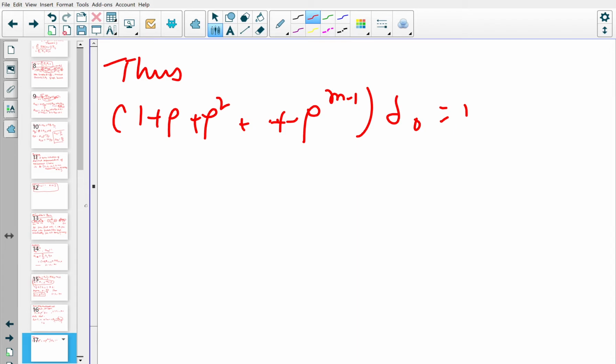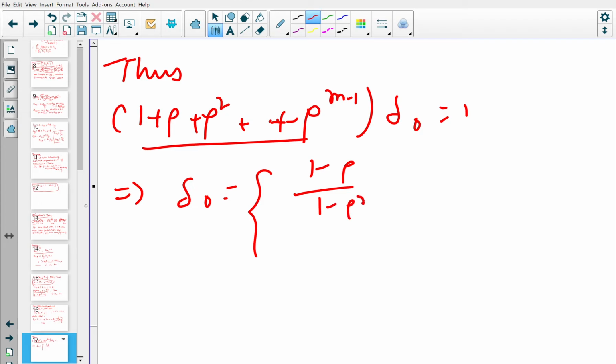This implies that delta_0 has two possibilities. This is a geometric series, so either (1 minus rho) by (1 minus rho to the power M) if rho is not equal to 1, or if rho equals 1, then it is 1 plus 1 plus 1, M many terms, so delta_0 is 1 by M if rho equals 1. Okay, clear.